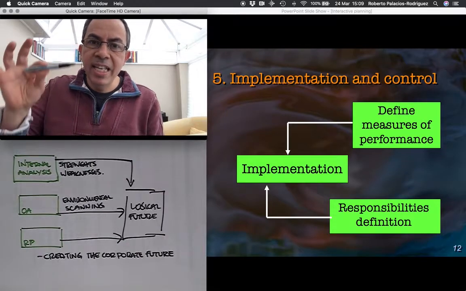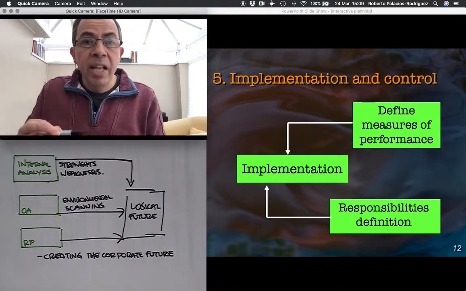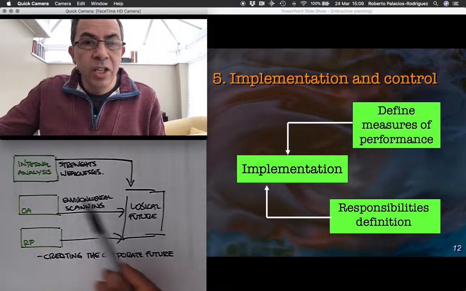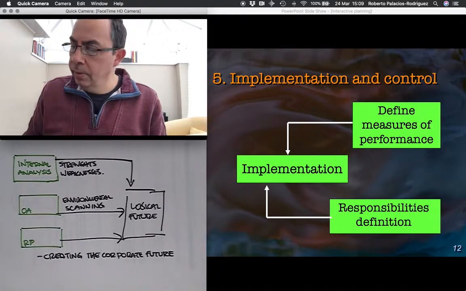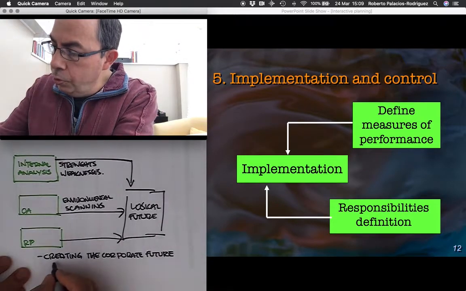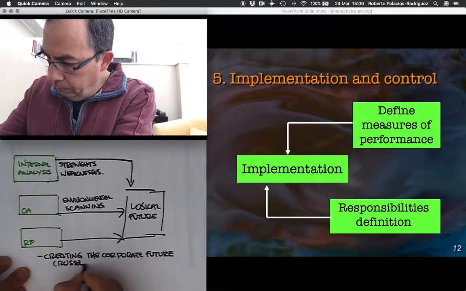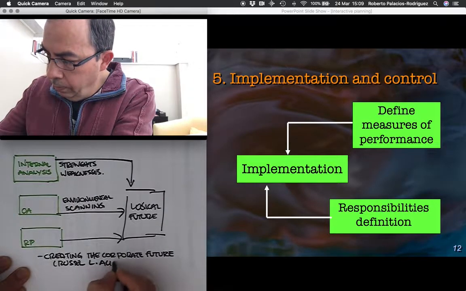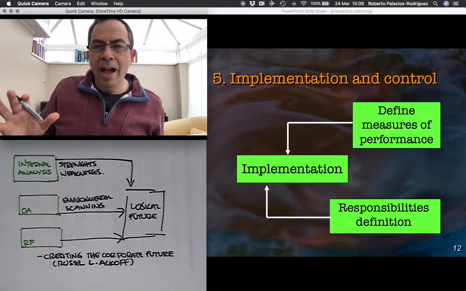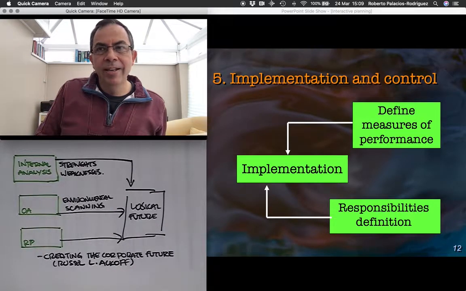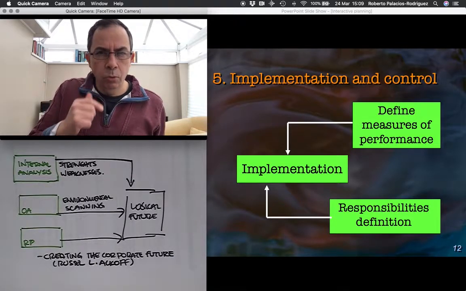It explains each one of the different stages. There is plenty of examples on how to do each one of the different activities within each stage. So this is Creating the Corporate Future. Russell Acuff is the author. A good read. Acuff is a brilliant author. He writes for the general public and it is very easy to follow.